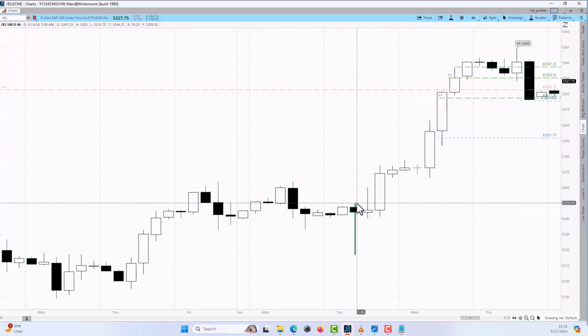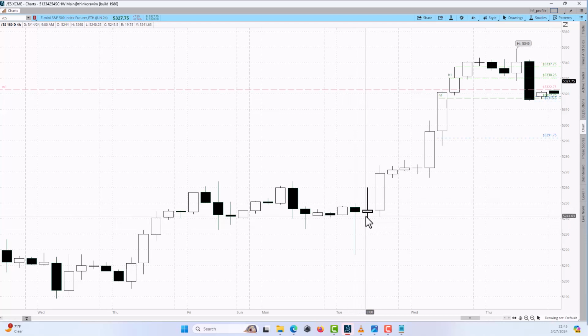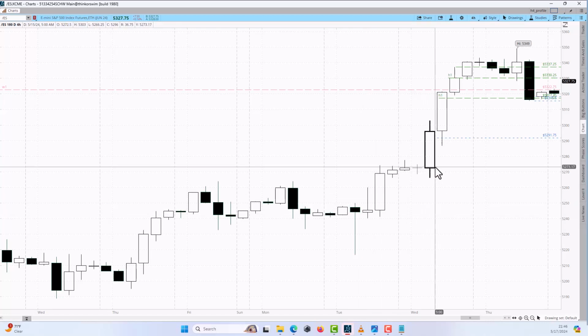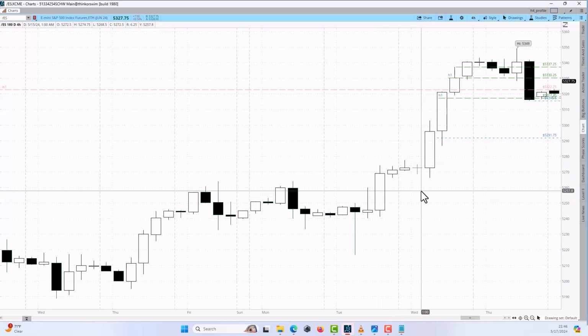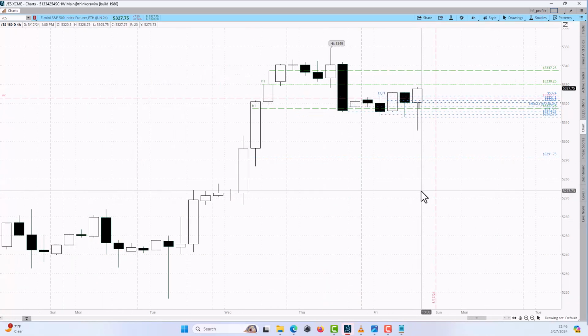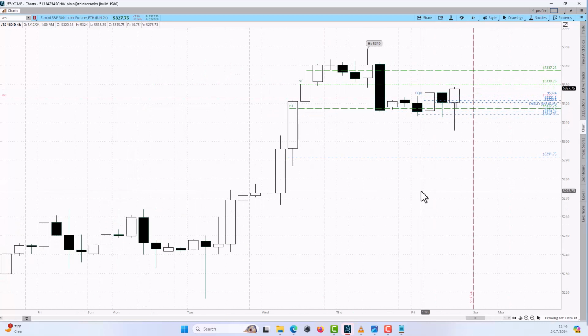I think that the CPI data, this is Tuesday and then Wednesday when the data came. But in the PM it tells us right there. That's the setup, the framework that we should look at again.